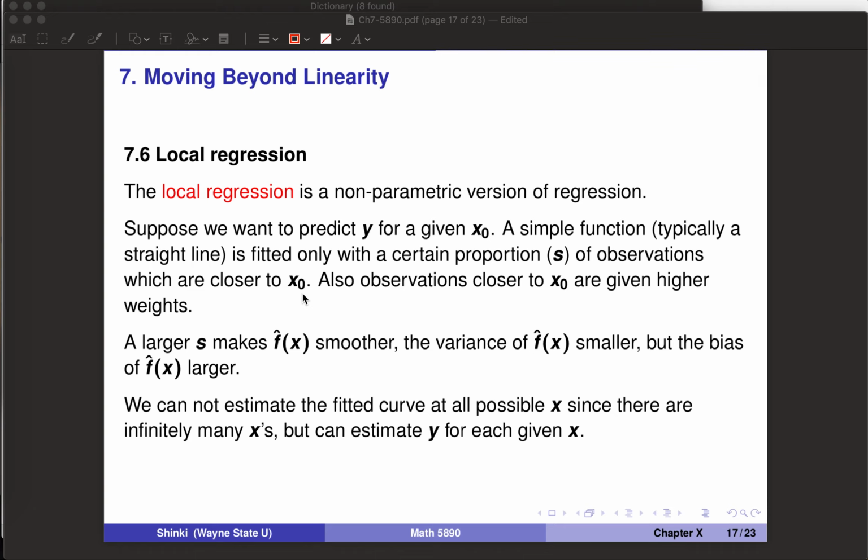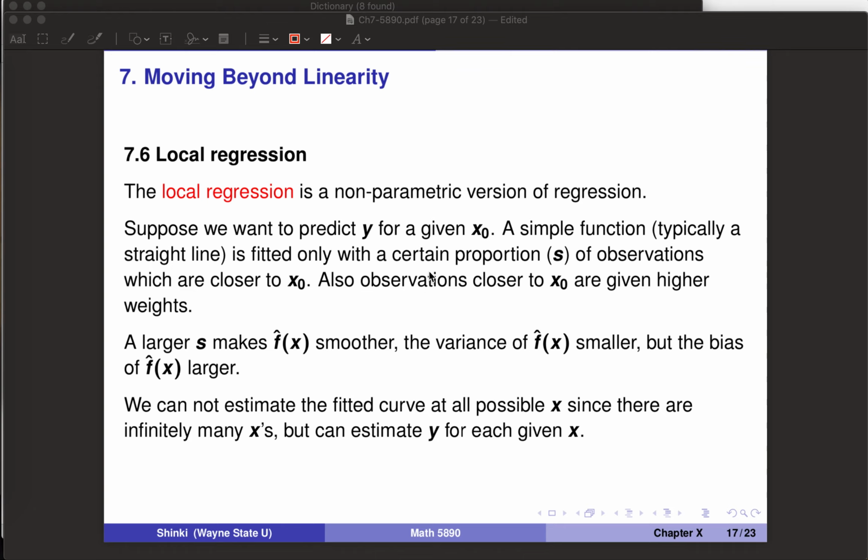If we have foot size data and height data for many people, and we want to estimate people's height based on foot size, then once you observe a foot size, you want to collect the observations which have similar foot size. Then we can estimate the height of the new person. So it's pretty intuitive to use observations closer to x naught.